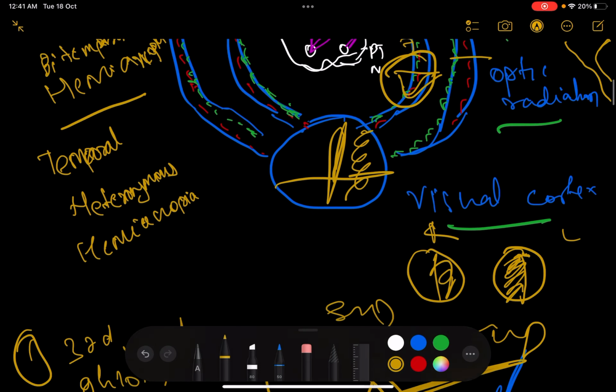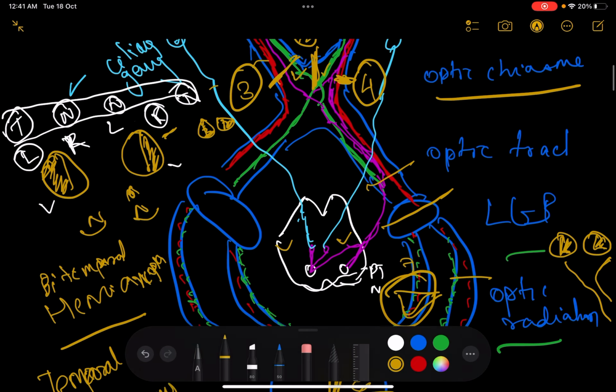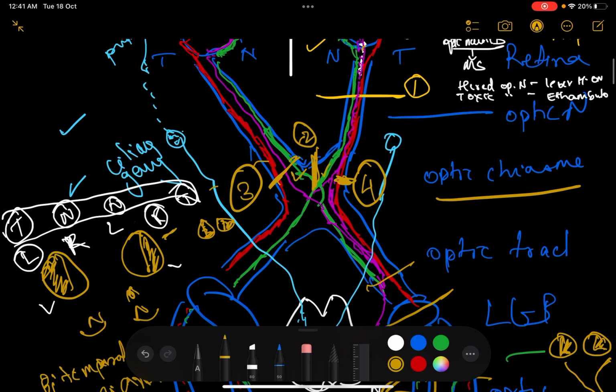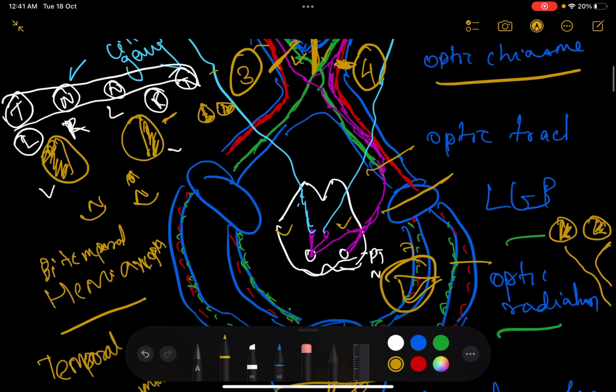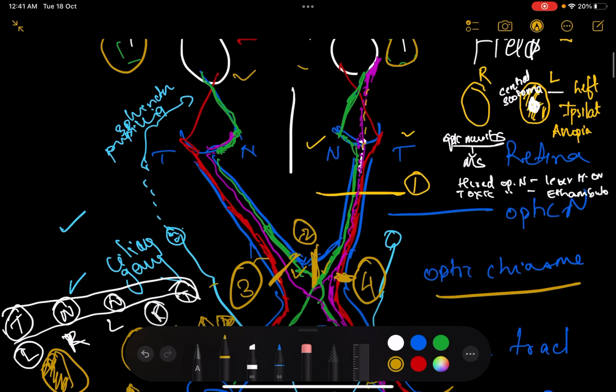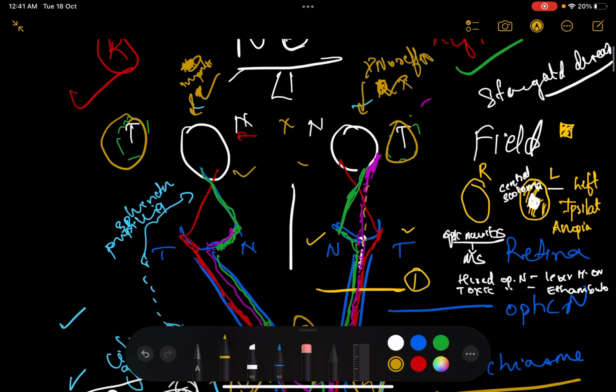All right, because as I said, the right nasal is affected and the left temporal fibers are affected, correct. So that means the nasal and temporal fields are involved.